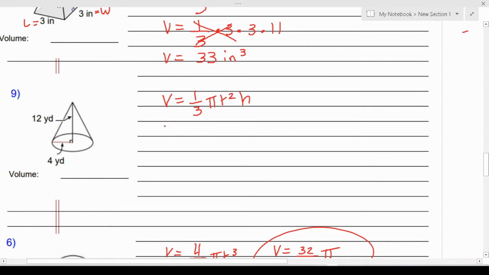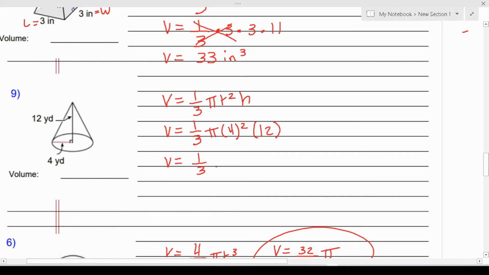Let's go ahead and plug things in accordingly. This is 1/3 times pi. The radius, as we can see, is 4. So this is 4 squared times height, which is going to be 12. And my pen's acting up a little bit. Let's keep working this out.